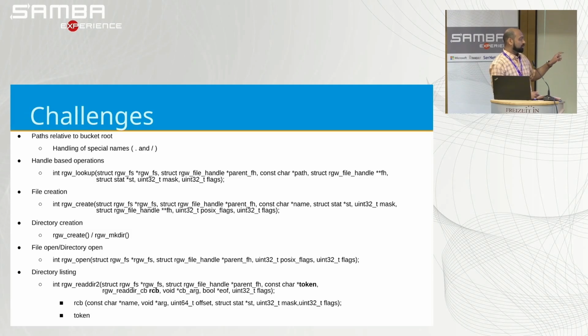For that purpose, for every callback, we store the token, which is essentially the last name which we retrieved, and then we pass that token to RGW in this call, so that we start getting new entries after that particular token. So this is sort of the biggest challenge that it had.